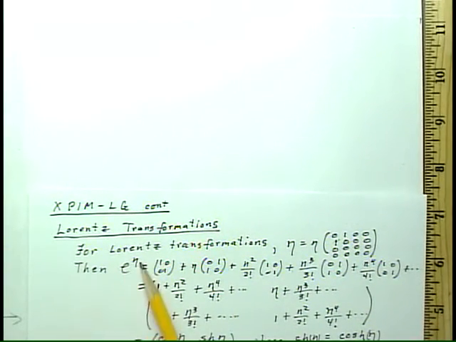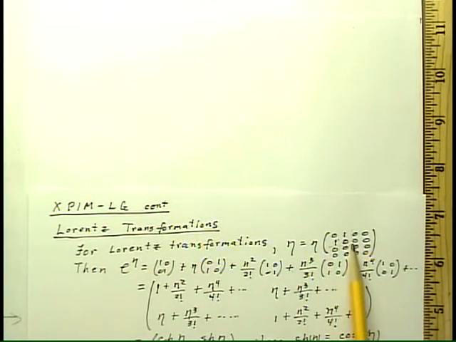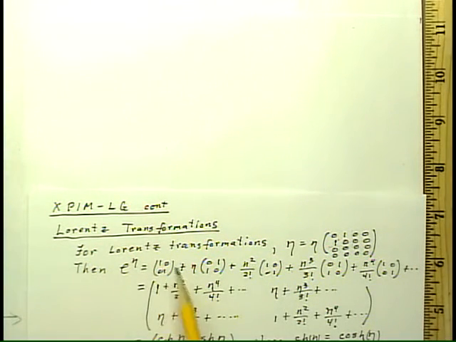So if we take now e to the eta in this form here, and we are only going to look at this one part of the matrix, we would get, when eta is equal to 0, an identity operator. Then eta times this, plus eta squared over 2 factorial times this, plus continuing on here. It's very straightforward then, as before, to take these terms and sum them. We can see that the diagonal parts, again, only occur every other one, but now we do not have a sign inversion with every change in order.